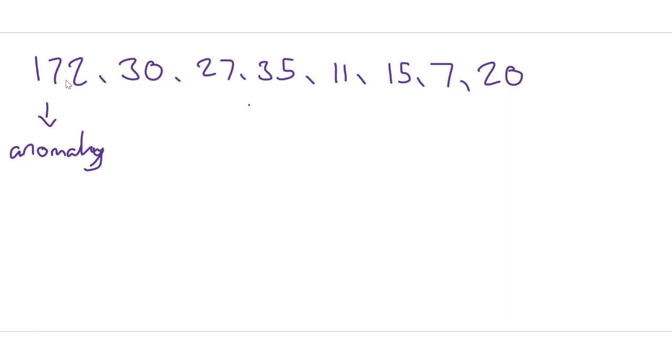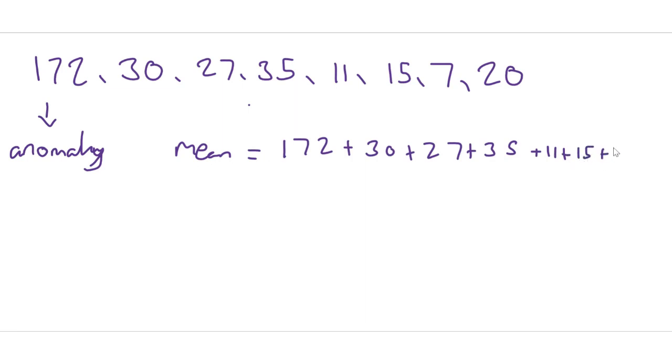When we're calculating the mean, we add them all up, so 172 plus 30 plus 27 plus 35 plus 11 plus 15 plus 7 plus 20, over the number of data points we have, 1, 2, 3, 4, 5, 6, 7, 8.